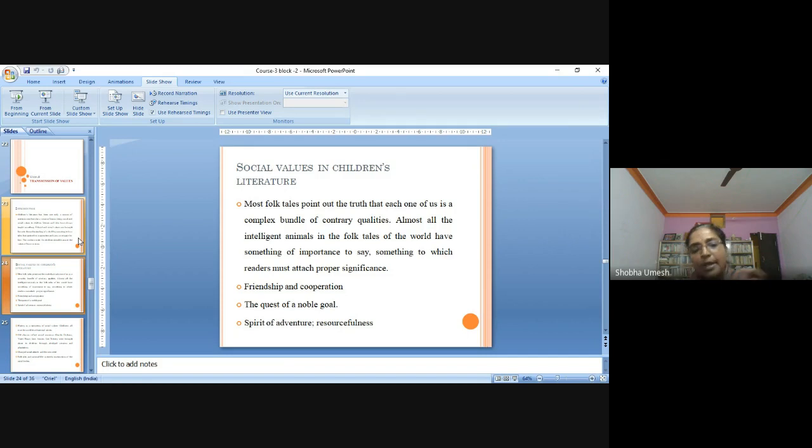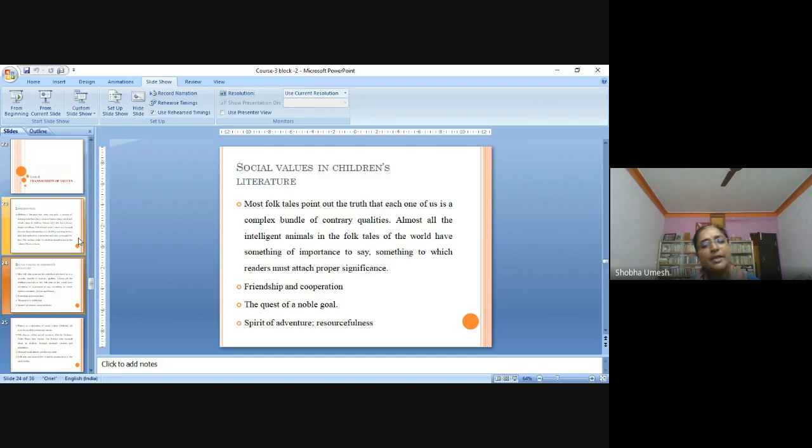But through the animal world, we can show the present generation how to modulate their characters. So through certain folk tales and fairy tales, we can pass on certain messages to which readers must attach proper significance. But there should be certain significance in the reading.